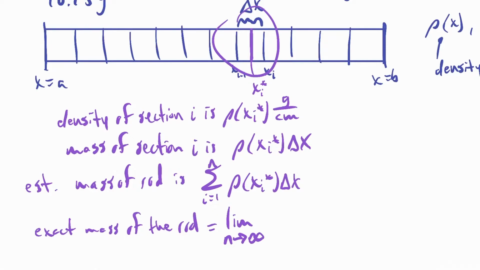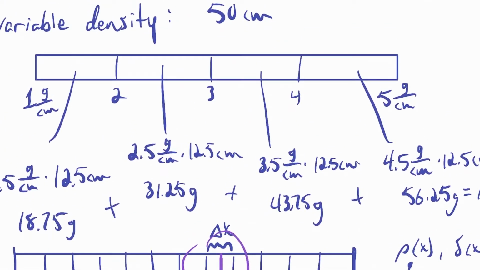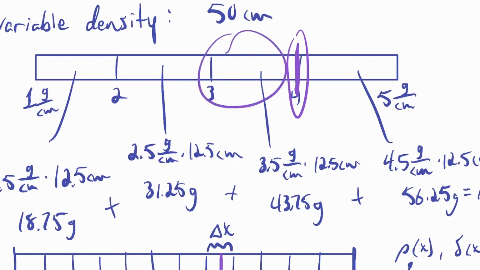There's less error involved for each section, because the longer your section is and you just pick at random, if I were to pick this spot to represent the entire thing, I'm picking the low end because it's closer to 3. If I pick this spot, I'm picking the high end. My density will be almost what 4 would be, and most of it is not that dense, so I'd be overestimating, because this one increases linearly from end to end.